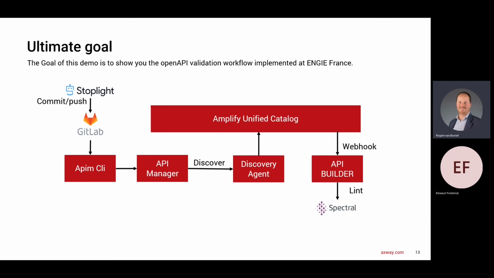What's listening to that API manager is our discovery agent. The discovery agent is going to see that in that API manager, an API has been published, and it's going to push it to the unified catalog for everybody to use inside of what Peter discussed, organizations, teams, and so on. But attached to that unified catalog, there's a webhook.